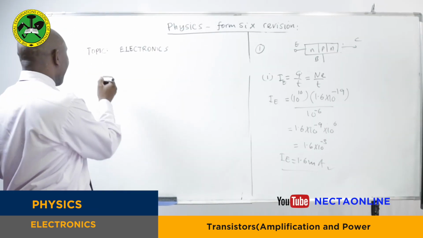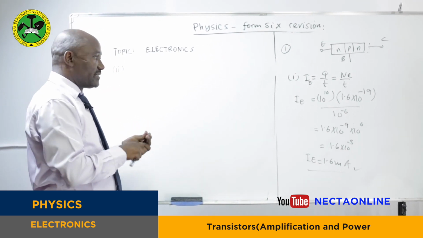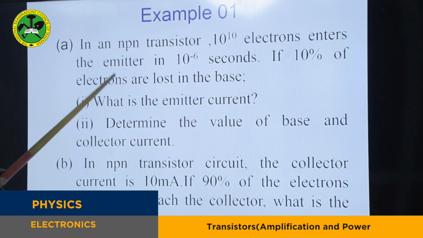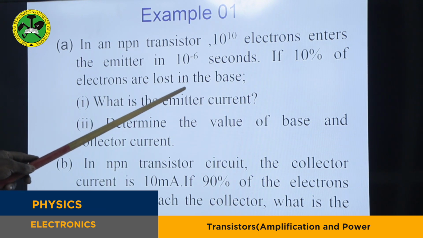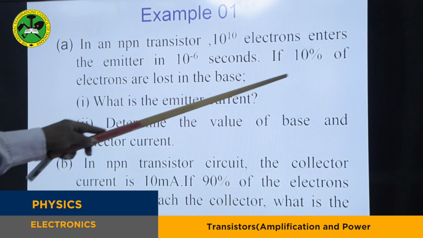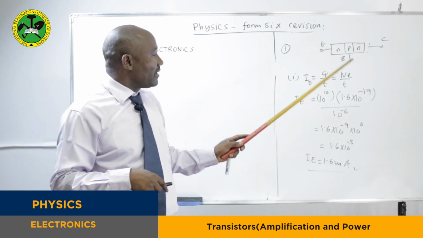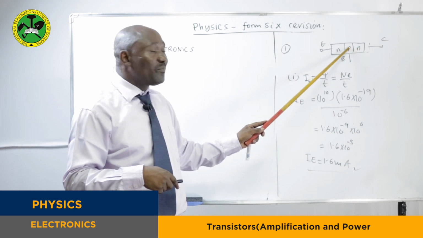In part B, you are looking for the value of the base and the collector current. So from the information given, we can see that 10% of electrons which are emitted from the emitter are lost in the base. So it means 10% of these electrons are used to produce the current in the base. If you remember, most of the electrons which are emitted here are supposed to reach the collector, but some of them are combined here.